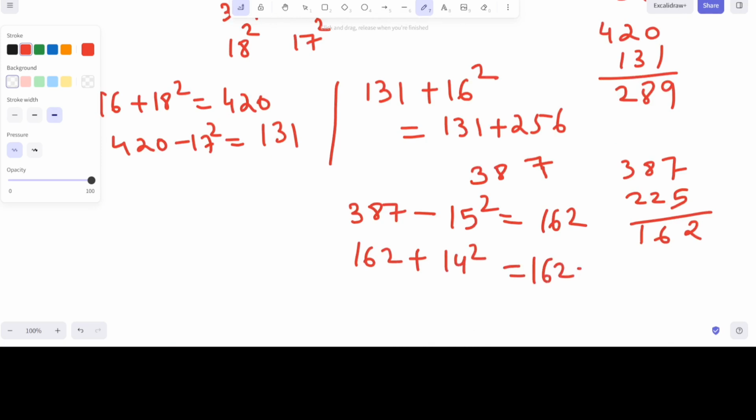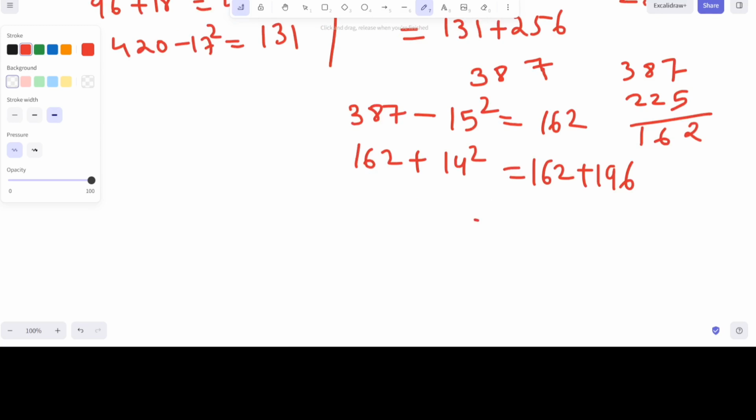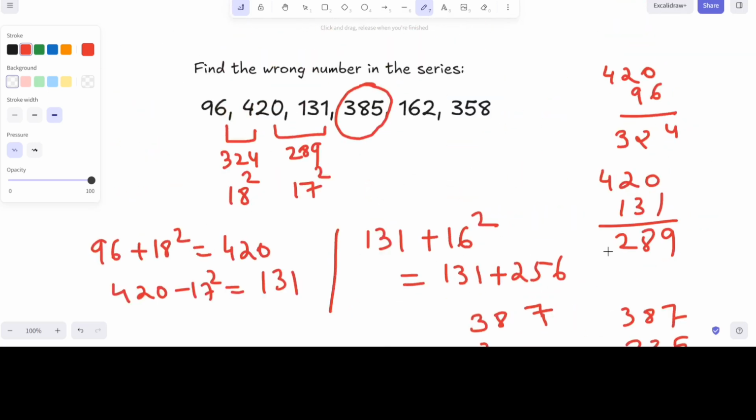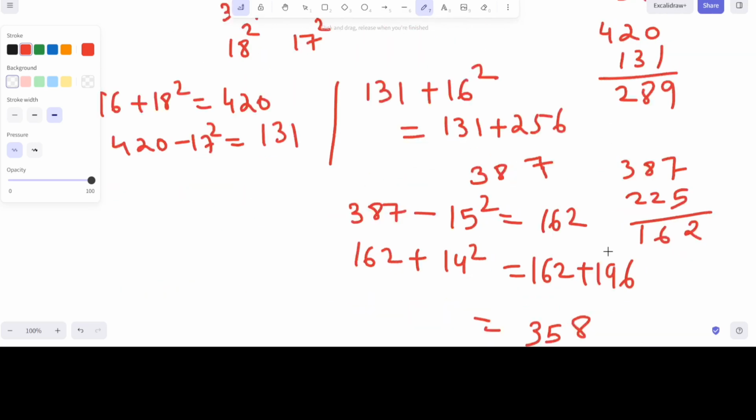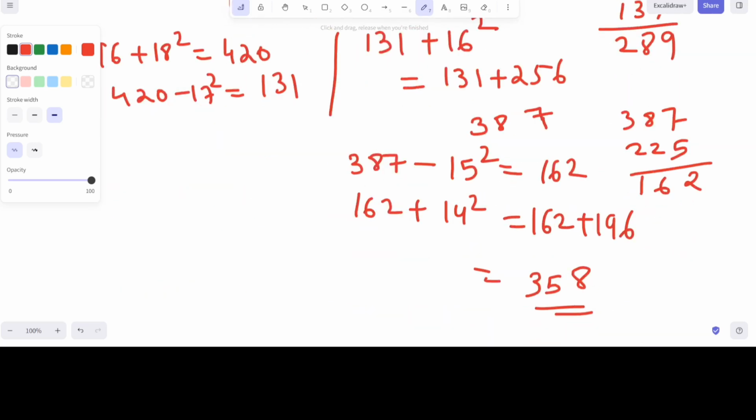That is equal to 162 plus 196. That is equal to 358, right? So the wrong term is 385.